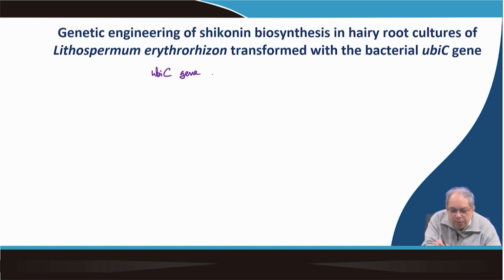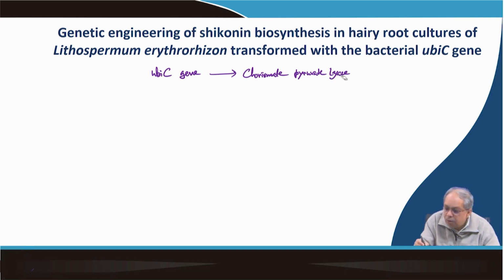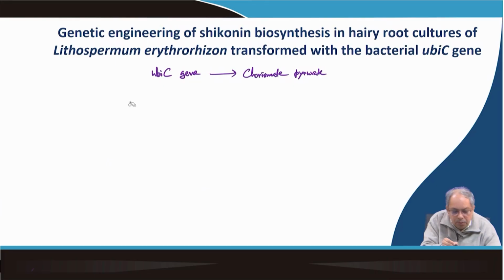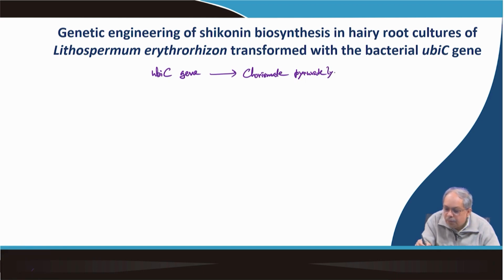The UBIC gene basically encodes an enzyme which is called chorismate pyruvate lyase, or we can call it CPL.